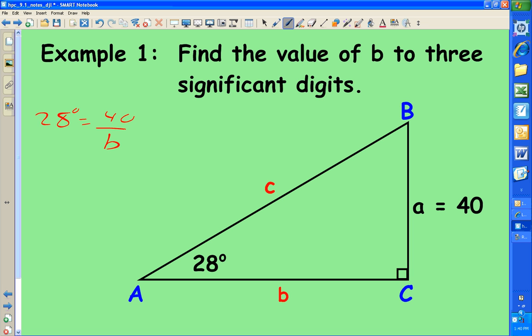I just know that the cosine would be 28, and the opposite would be 40, right? So if we solve this, you're going to get 28B equals 40, and B is going to equal 40 over 28. You got a calculator? What's 40 over 28? 1.42.